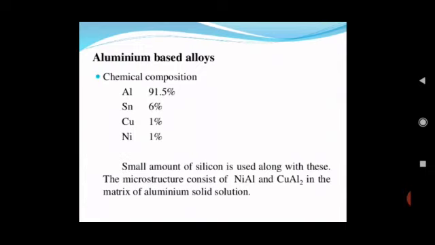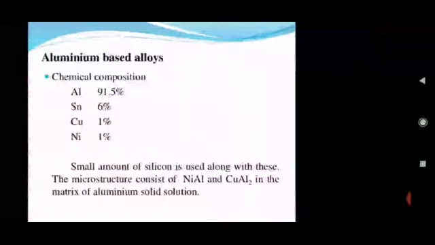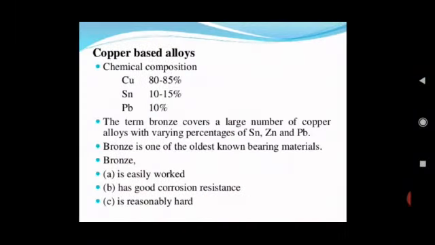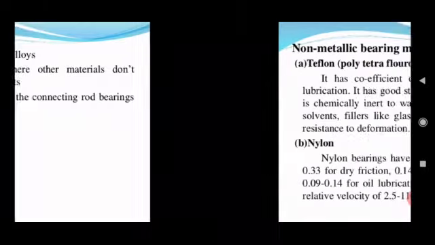Generally, the bearing material is chrome steel. It is one of the most common materials for making bearings, but we can also use different kinds of alloys, and the basic purpose of using alloys is that we get many other desirable properties.